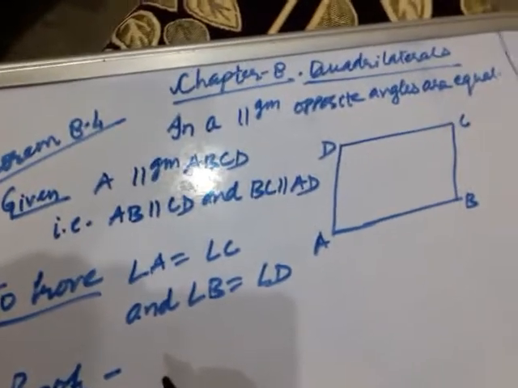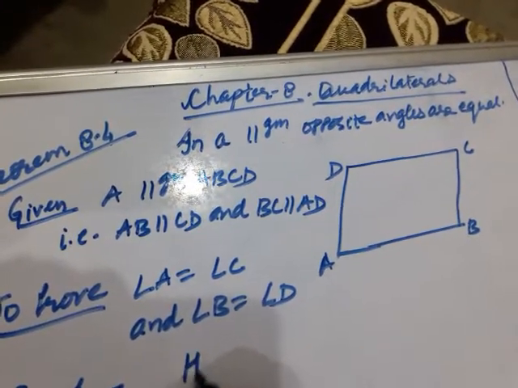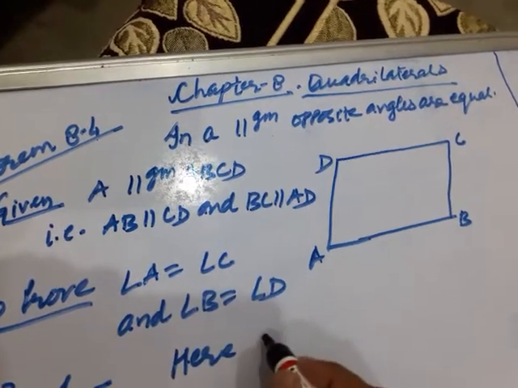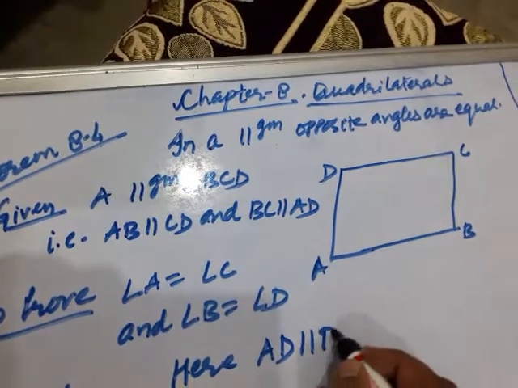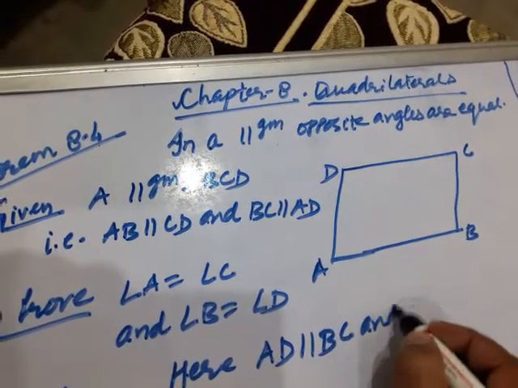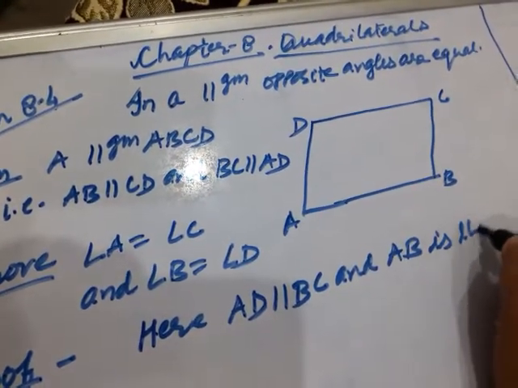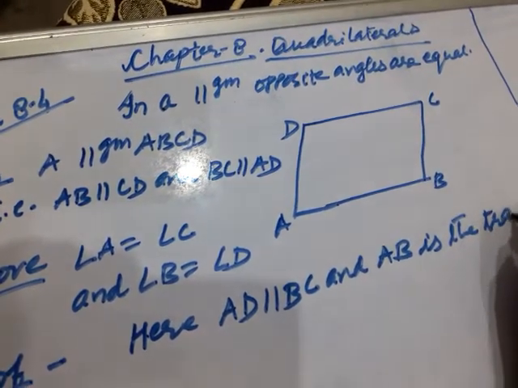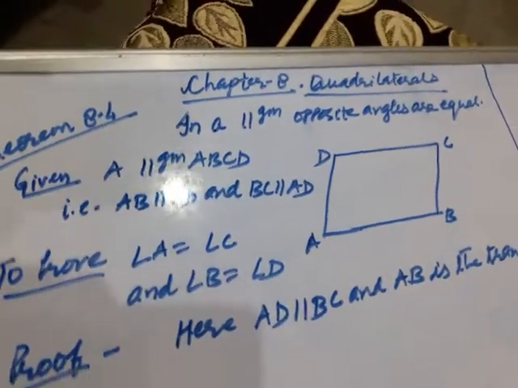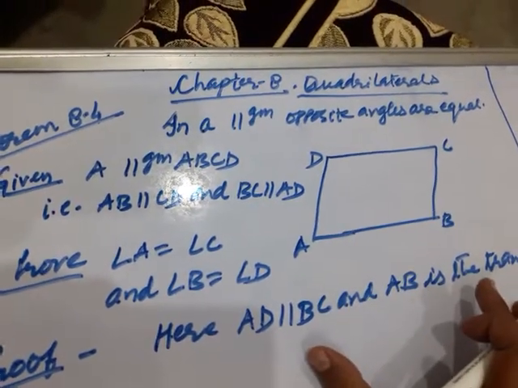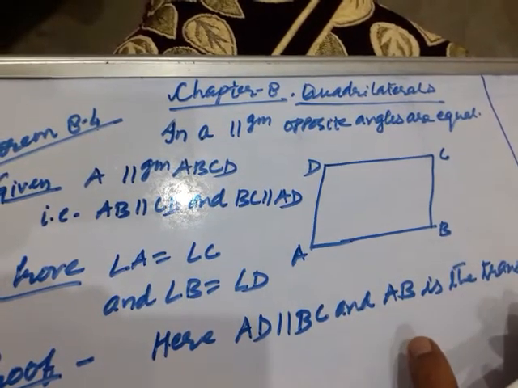Children, let us see here. AD is parallel to BC and AB is the transversal. Since ABCD is a parallelogram, opposite sides are parallel, that is AD is parallel to BC and AB is the transversal.